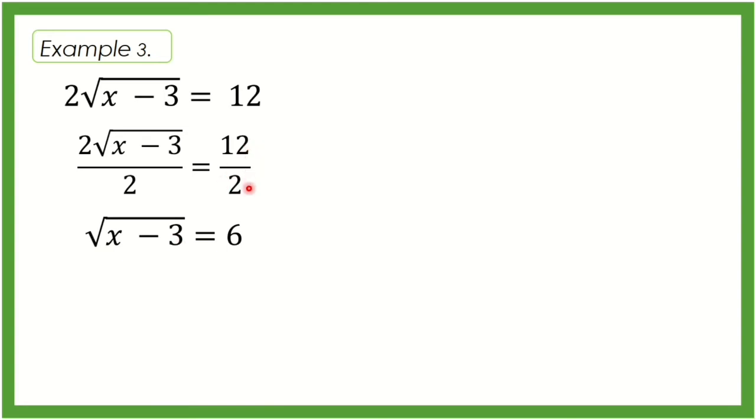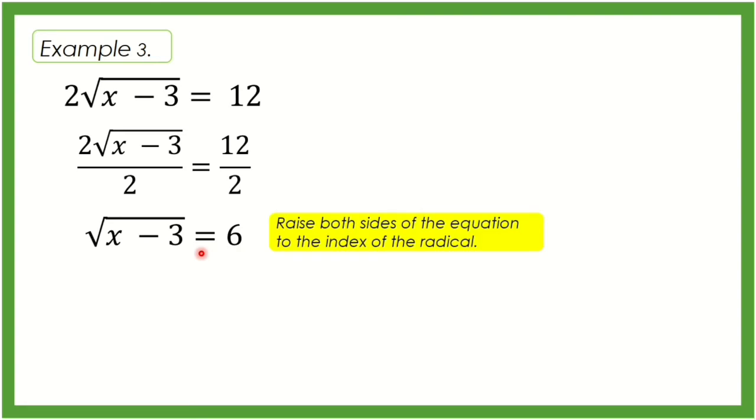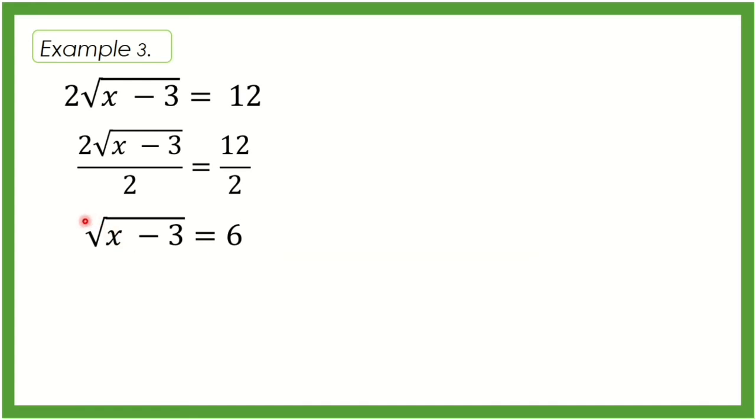Ang 12 divided by 2 is equal to 6. Next is to raise both sides of the equation to the index of the radical. Ang ating index is 2. Therefore, raise natin both sides by 2. We now have the square root of x minus 3 squared equals 6 squared. Simplify natin.